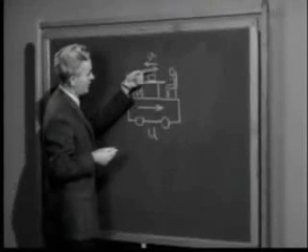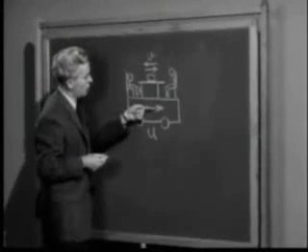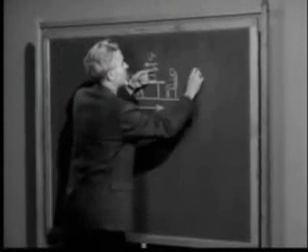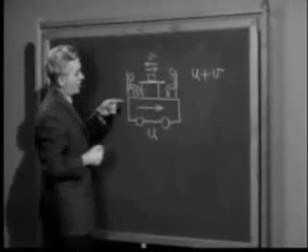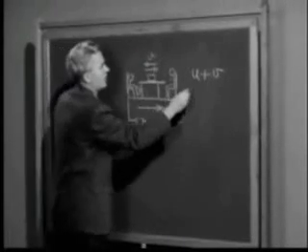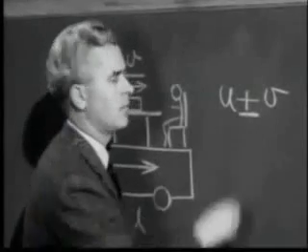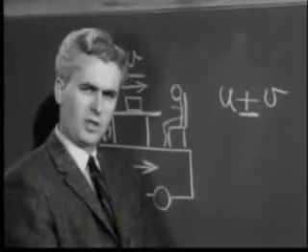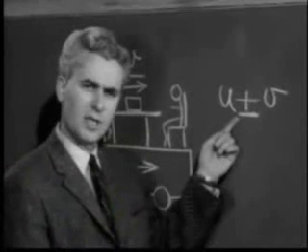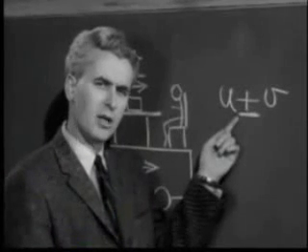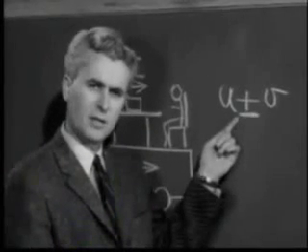Well, if it was pushed in this direction, its velocity is u plus v. If it's in this direction, its velocity is u minus v. This is all very reasonable. There's nothing very hard to understand here. The surprising thing about this expression is that it is not accurate in all circumstances.